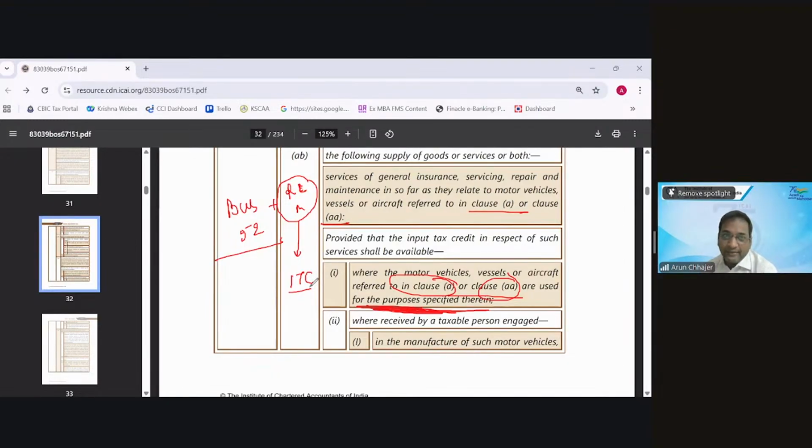Now tell me why the repair and maintenance of the bus is allowed. Is it because of this provision or is it because of this provision? Is it because of the main clause or is it because of this serial number 1 or something else? I'm asking you. Your answer is correct. I'm not denying that.